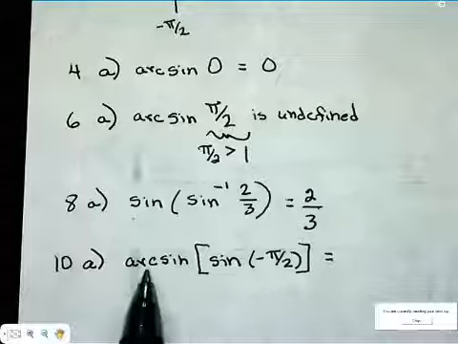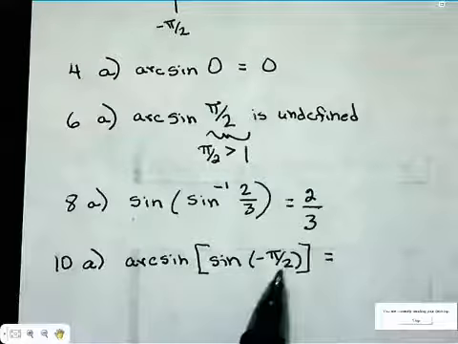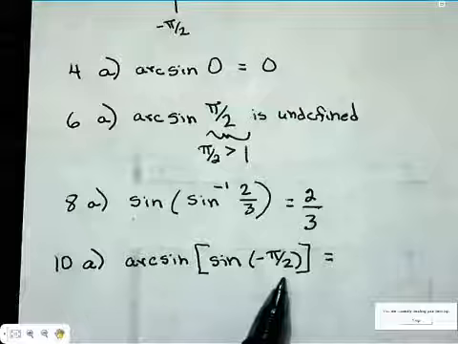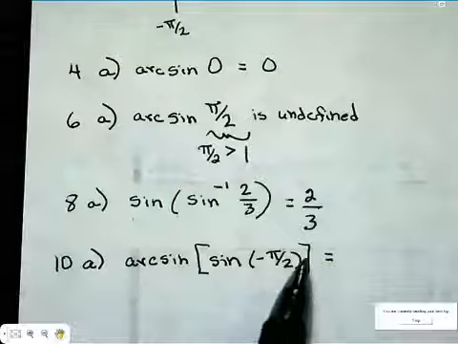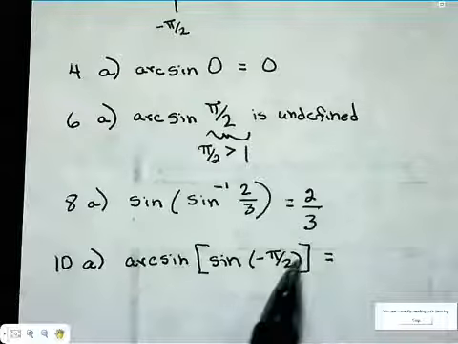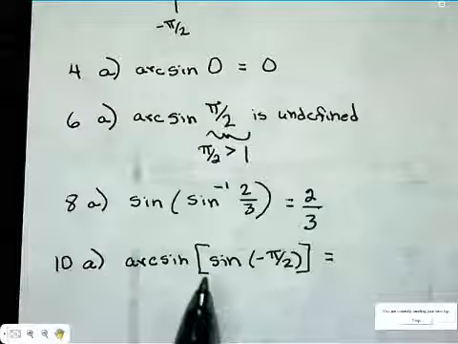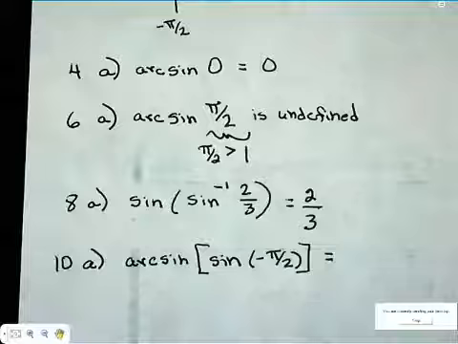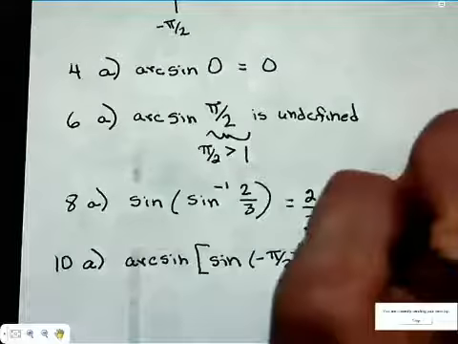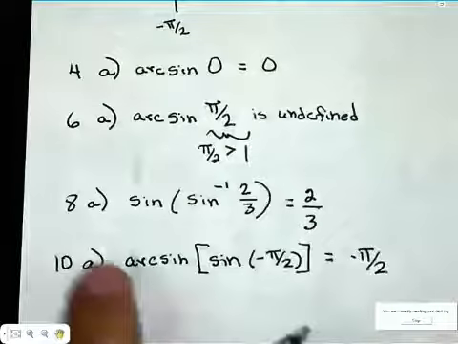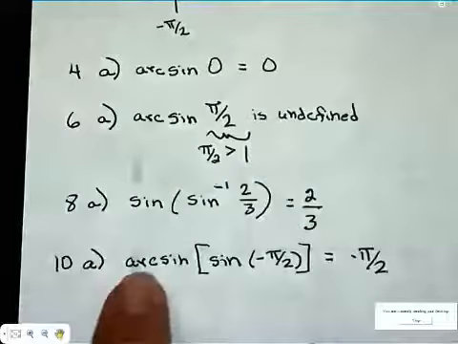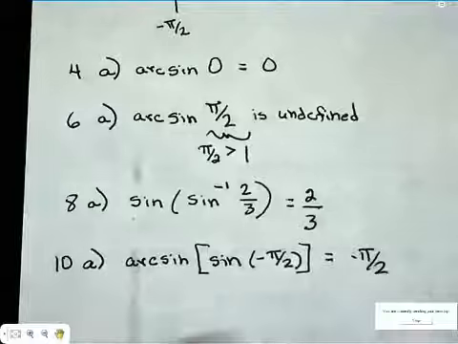Can arc sine actually give you the answer -π/2? Yeah, it's always going to give you something between, including, -π/2 and +π/2. So just ask yourself, can that be an answer to arc sine of something? If it can, then that's your answer. They undo each other.